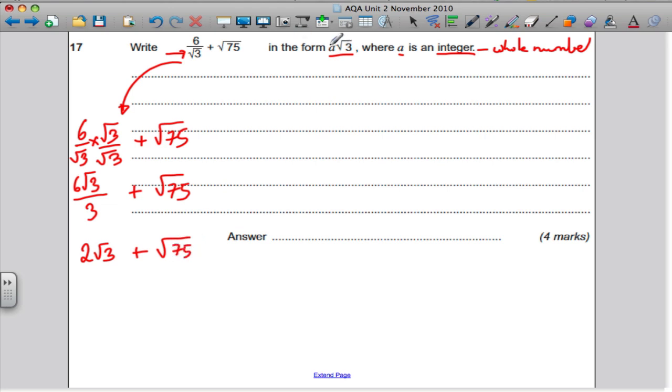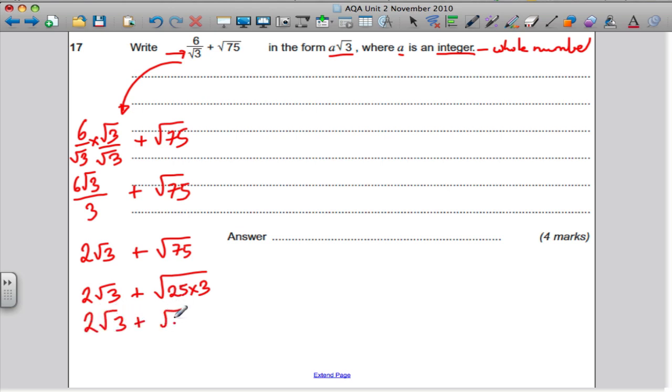We're not there yet because we want it in the form a root 3. This is looking good, this isn't. Could I simplify the square root of 75? What's the biggest square number I can think of that divides into 75? Well, 25 does. So I could write 75 as 25 times 3 and break that up further.